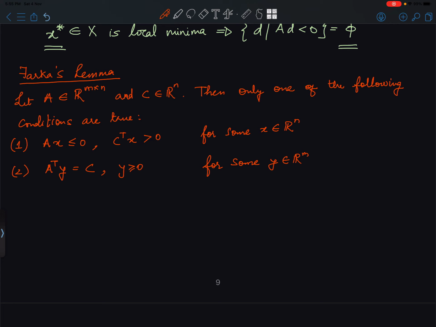So it states that suppose I have this matrix A and a vector c, then only one of these conditions is true. It can never happen that both of them are true simultaneously. Okay, so I'll link the proof of this lemma.